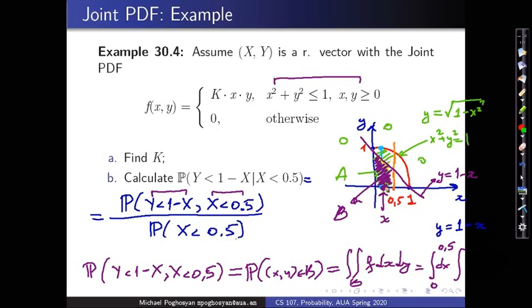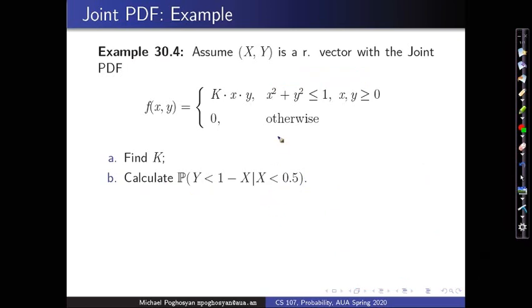For fixed x, y will run from this point to that point inside that region B. So y is running from 0 to this point, and this point's equation is given by y is equal to 1 minus x. So 1 minus x, and f is here k times xy, dy. Calculating this integral will give this probability, and dividing by that probability you will get this conditional probability.